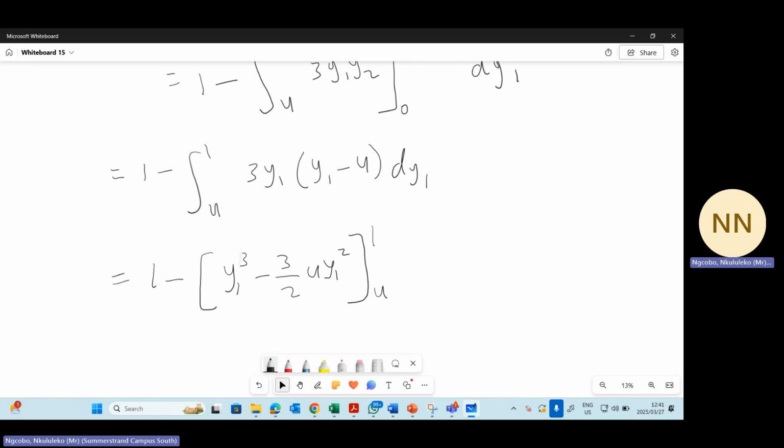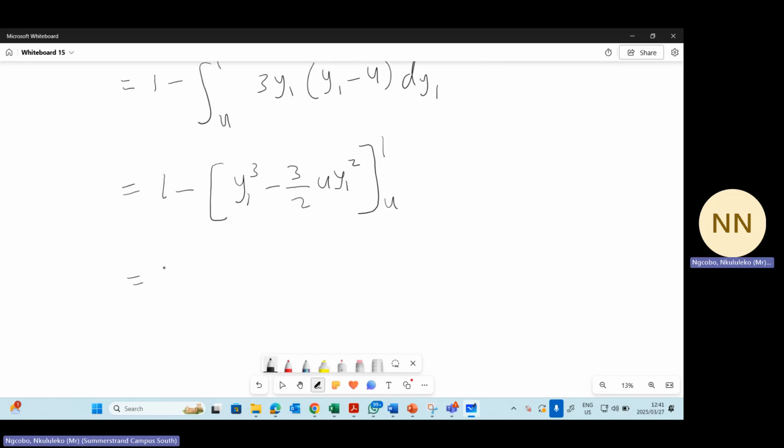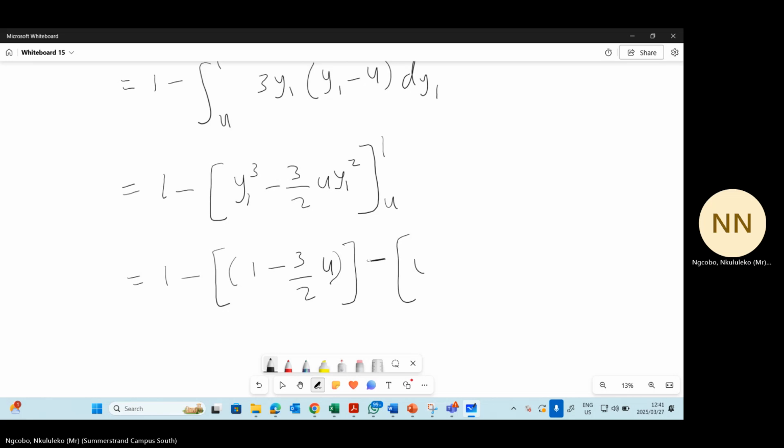So then this becomes 1 minus, open bracket, 1 minus 3 over 2 u, close your bracket, minus, u cubed minus 3 over 2 u cubed, right?